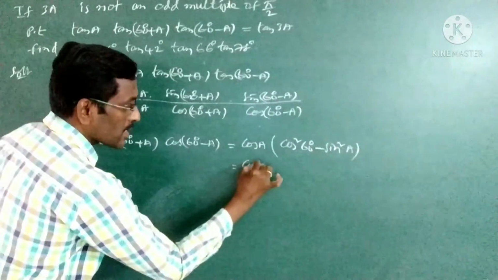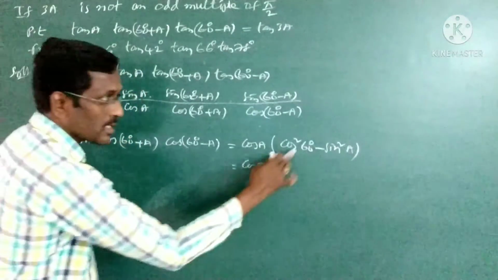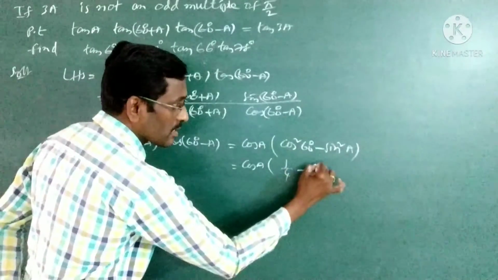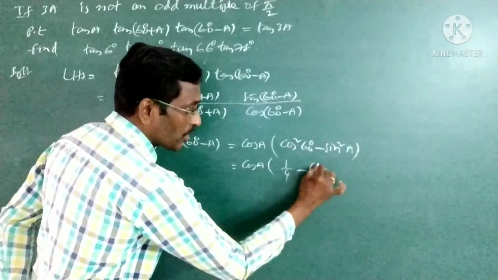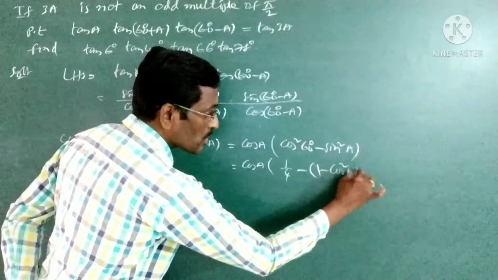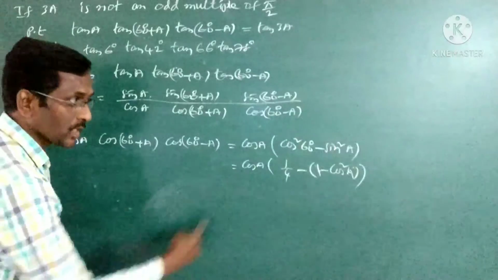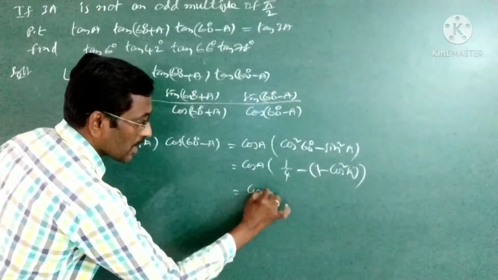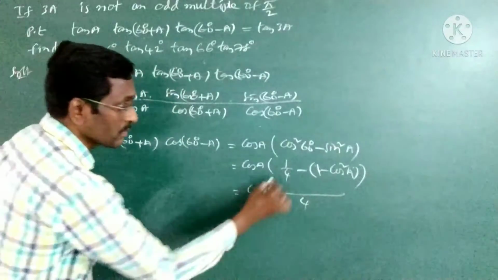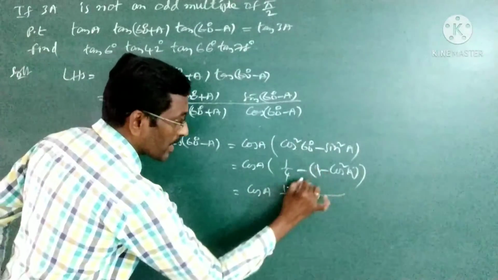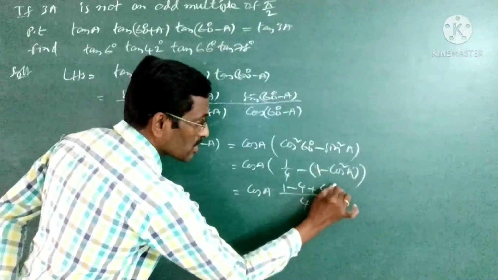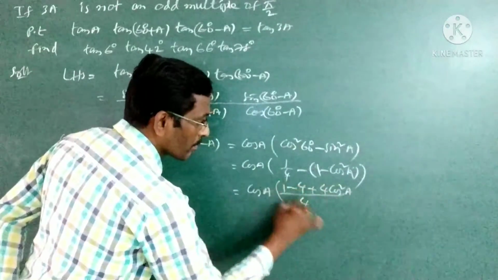Simplify, cos a into cos 60 with the value 1 by 2, squared becomes 1 by 4, minus, here now I am going to write the sin square function as 1 minus cos square a. Now simplify, cos a, taking the LCM, 4 is the LCM, here we get 1 minus 4 plus 4 cos square a.